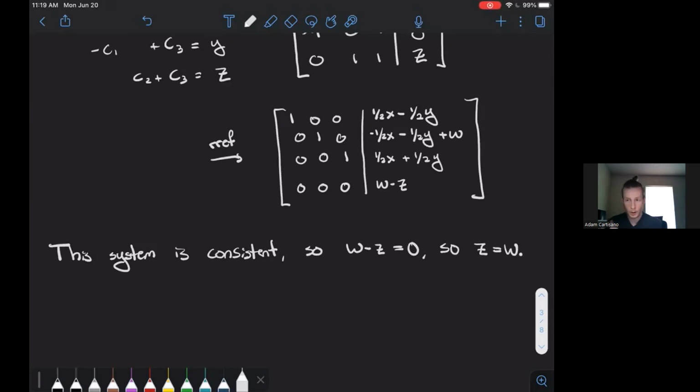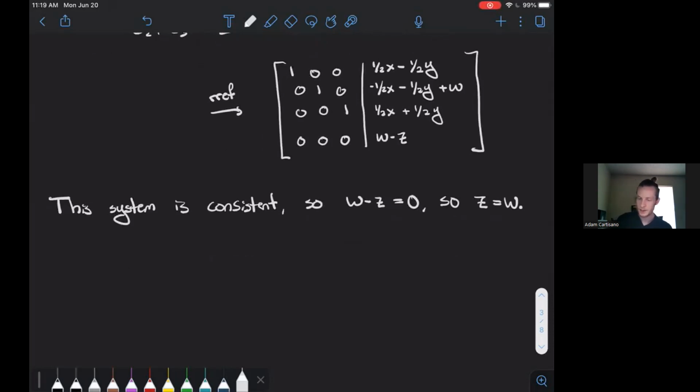And then, if you know that Z is equal to W, then what we've been told is that if you just give me any W, X, and Y, and I'm stuck with Z having to be equal to W, then the top three rows give you a recipe for what coefficients you need to use in order to write that matrix that you've handed me as a linear combination of the original three matrices.